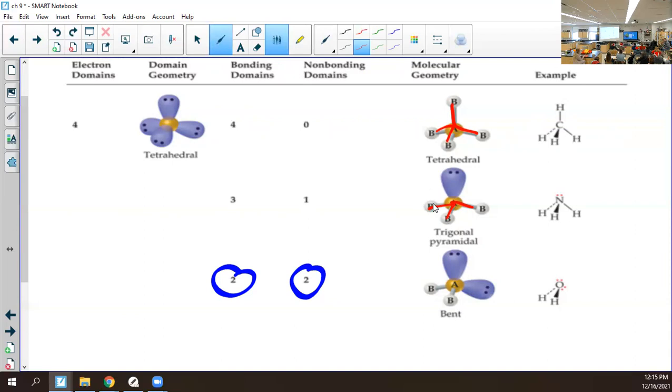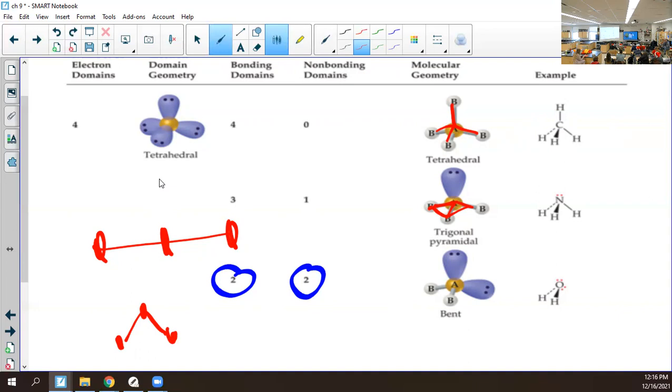It's like a little triangle pyramid. Kind of weird, but yes. All right, and then we have bent, which kind of makes sense. We would expect it to be a line, 1, 2, 3 things, but it's a line that's bent. Okay, so far okay?